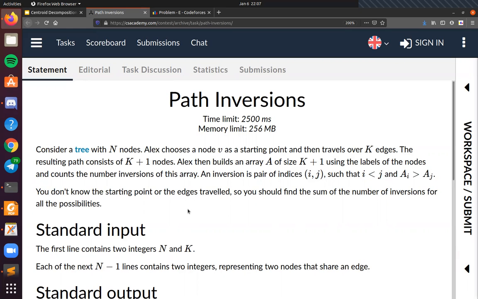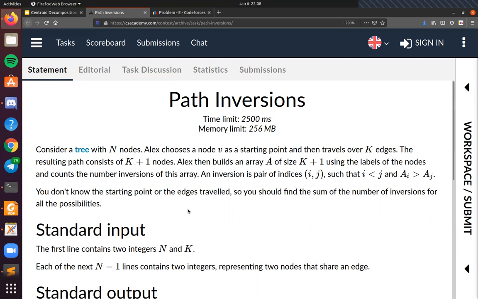So for all the nodes, start from a node and travel k edges. We have k plus one nodes, and find the number of inversions in the labels of the path. And the edges you travel are also arbitrary, like you do it for all the possibilities. So for all the paths of length k, find the number of inversions and then add to the answer. So this is the problem.